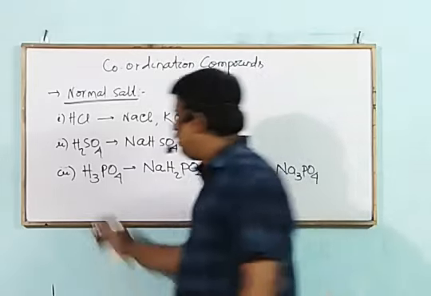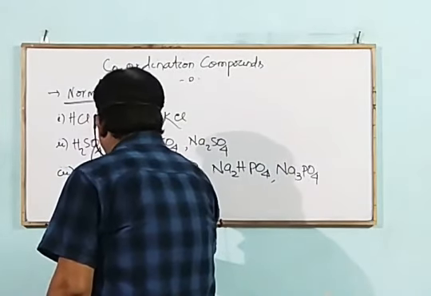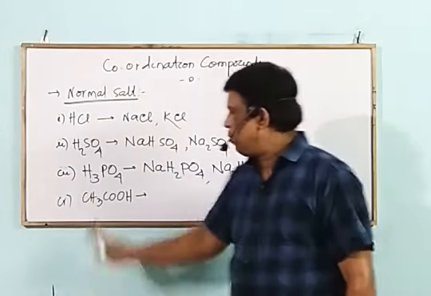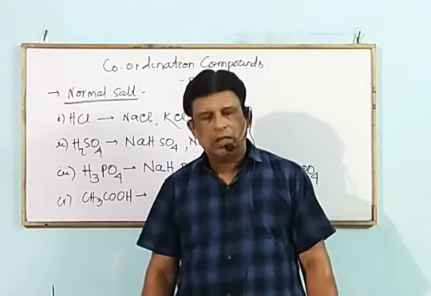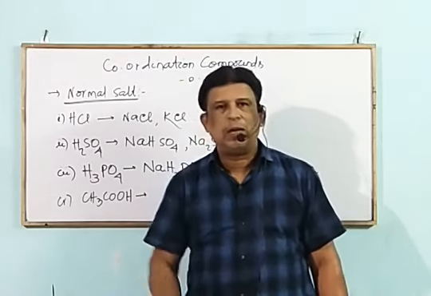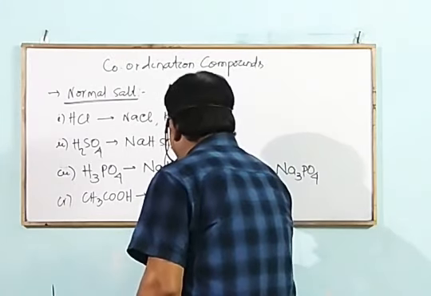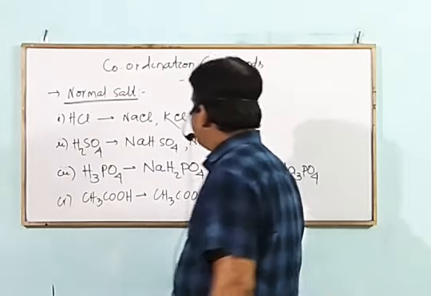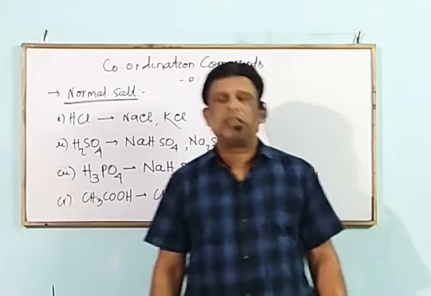For example, acetic acid, CH3COOH. From this formula it is clear that it has 4 hydrogen atoms, but among them only one is replaceable. That is, it provides only one salt, that is sodium acetate. These are some common examples of normal salt or simple salt.